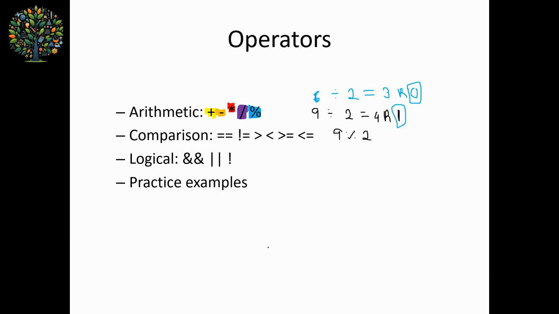So we'll say it would return to you 1. Whereas 6 mod 2 would return a 0. Okay? So that's your different arithmetic operators. Then you have your comparison operators.